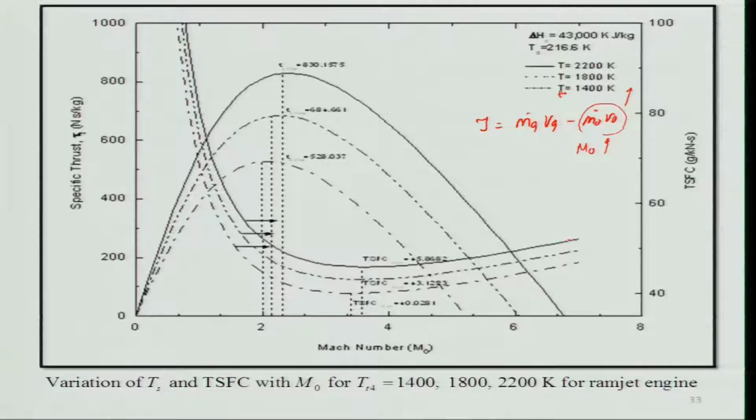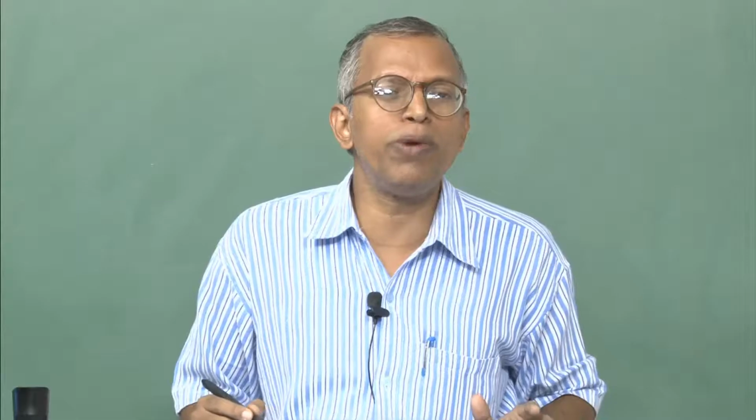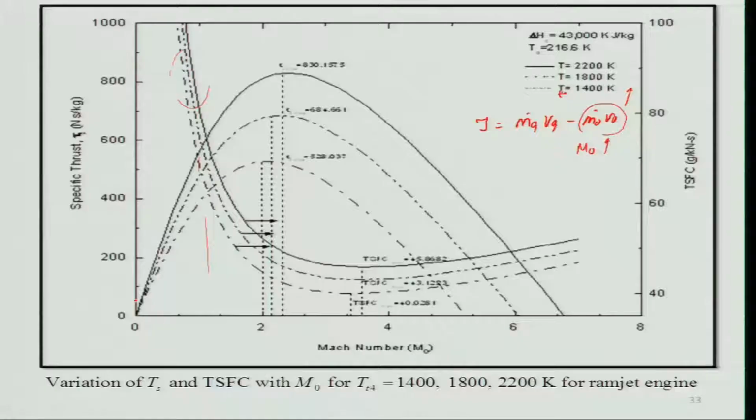After that it goes on increasing, but very slowly. In the region where the Mach number is very low, although you are getting a specific thrust, the TSFC is very, very high. At zero Mach number it will be infinite, which means it has no meaning. Therefore, the problem of zero static thrust at Mach number 0 is really a critical problem for the Ramjet.